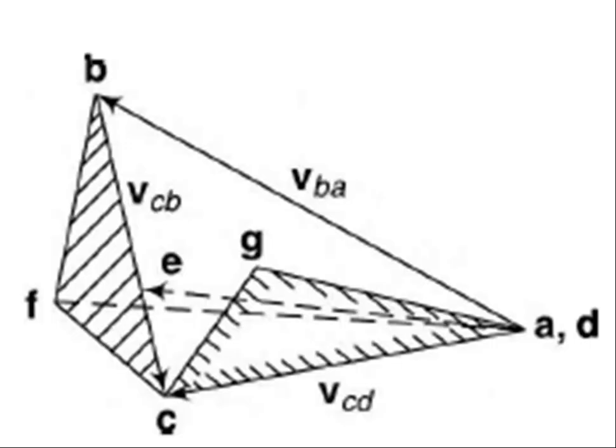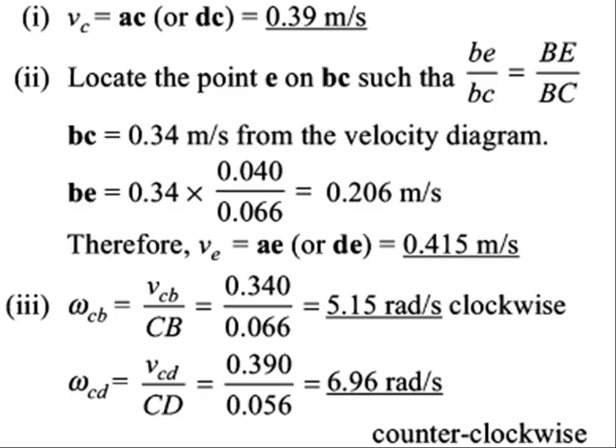Then mark the point E. Then take a line from the initial point A to the point E and calculate the length of AE. So that will be 0.415.